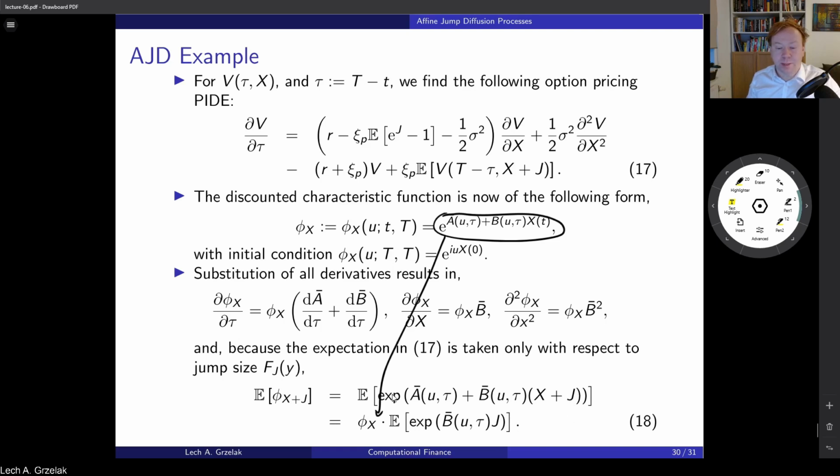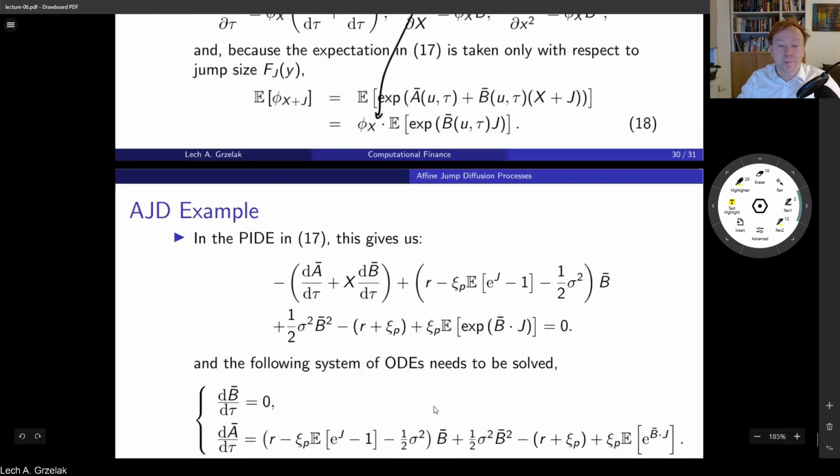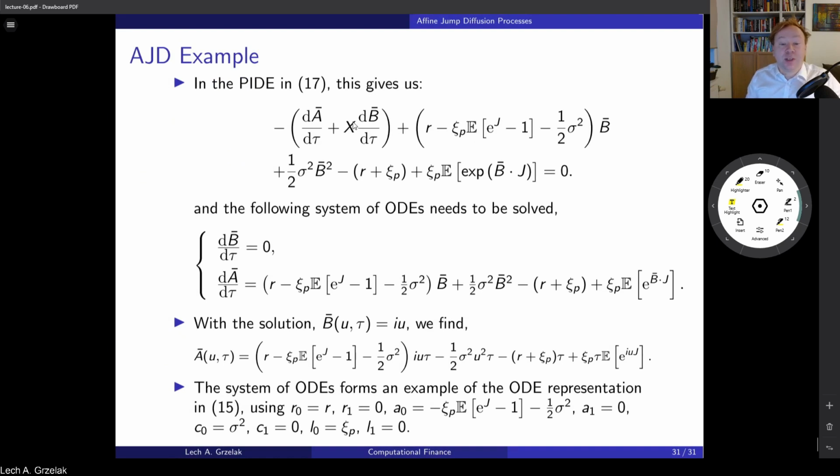Because the expectation is calculated with respect to the density of J, not x, of course. And x in this case was actually constant, so it can be taken outside the expectation, and we are only left with the expectation of the exponent of B times J.